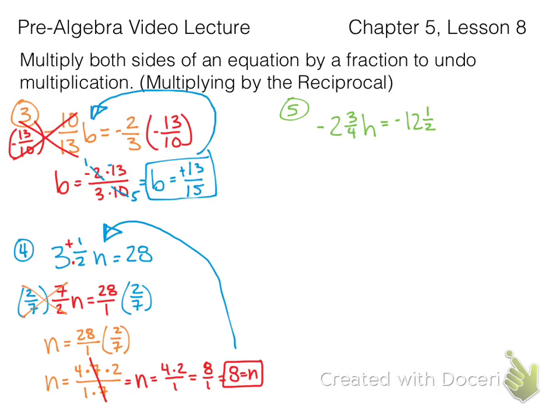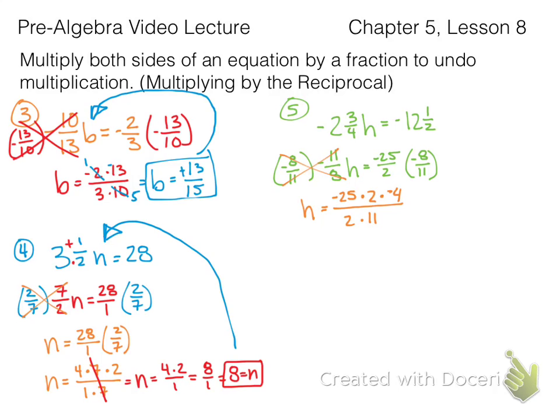Okay, next problem, we have -2 3/4 times h equals -12 1/2. We need to write improper fractions for both of these mixed numbers, which is -11/4 h equals -25 over 2, multiplied by the reciprocal, and there we go.